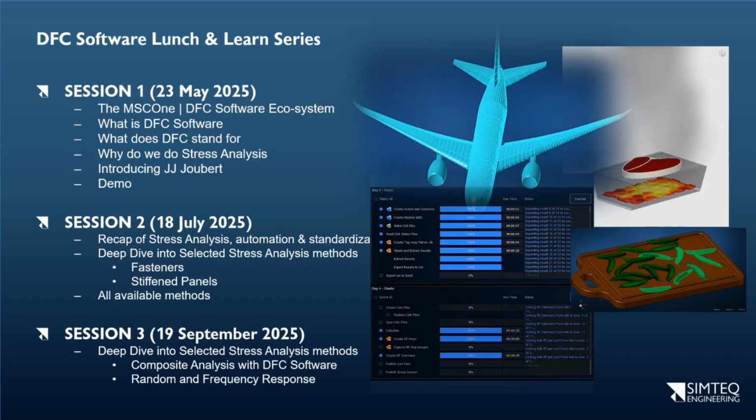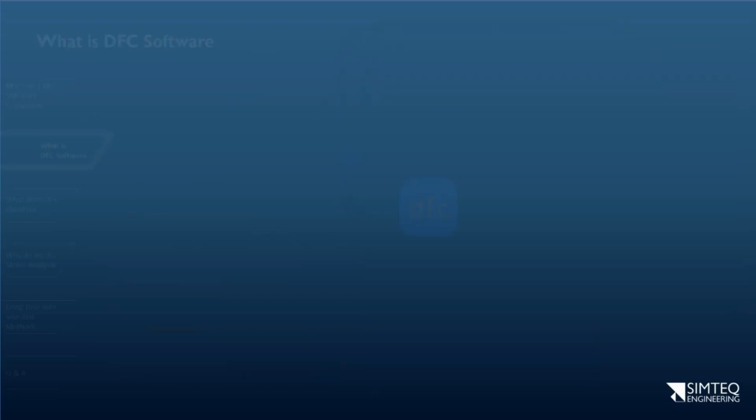However, it is not limited only to these industries. One can utilize DFC software for any design application where multiple load cases and certifications are required, and obviously if you want to automate those processes.